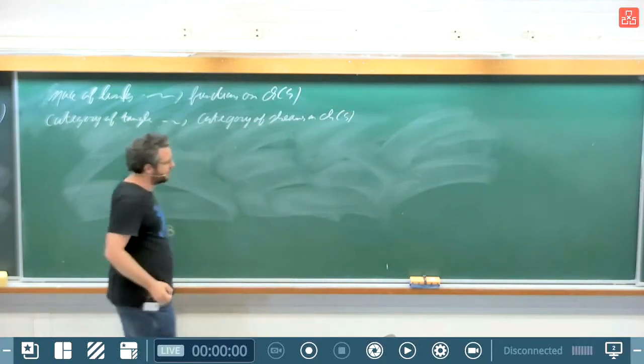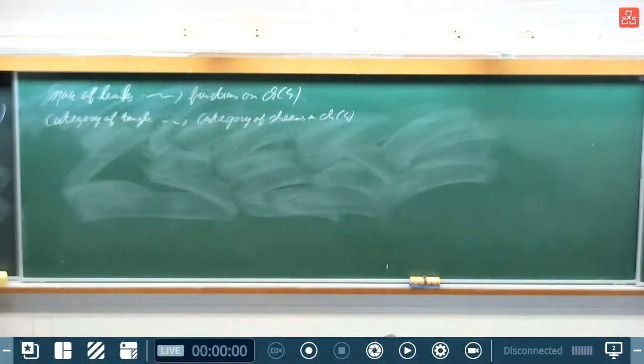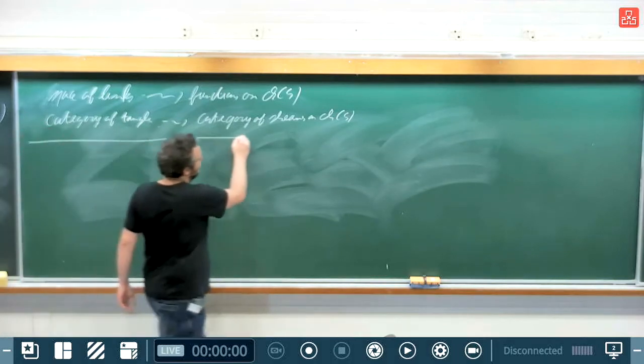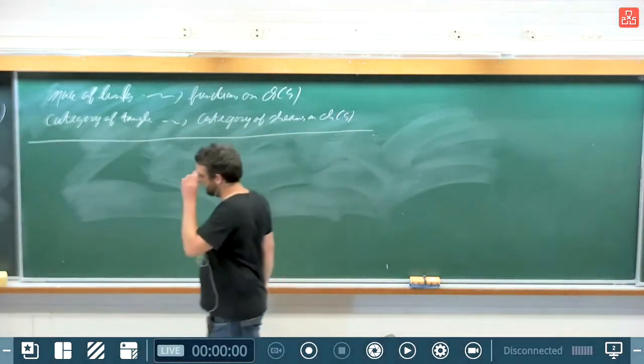I should say quasi-coherent sheaves, but whatever. So the basic idea, again, is that we are looking at something that looks more complicated, but it's actually better behaved. And at the end of the day, it's actually simpler to handle. So that's basically it.